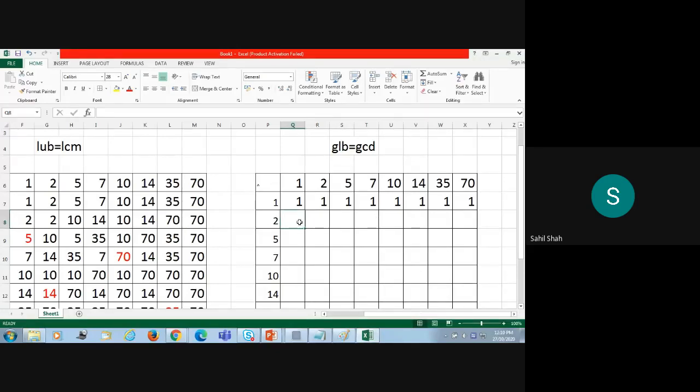2 1 is 1, 2 2 is the element itself, 2. 2 5 is 1.